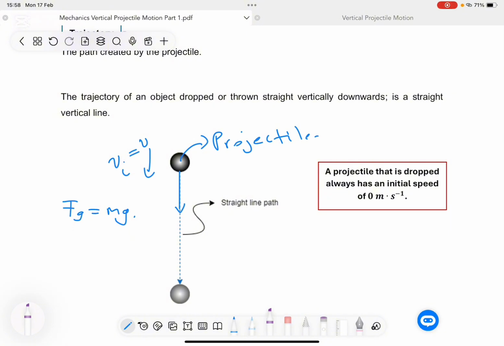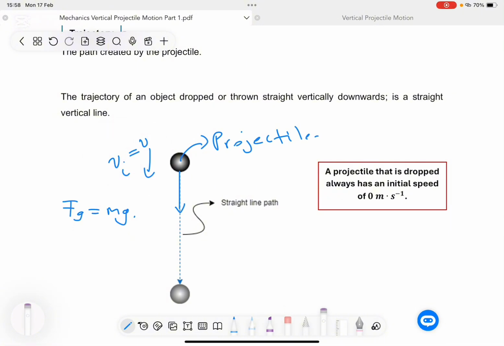But before I go to the second part of our projectile trajectory, I just want to mention this fact here: if a projectile is dropped, we always take the initial velocity to be 0. So remember, in the scenario that I was explaining here, we were throwing this projectile with some initial velocity.